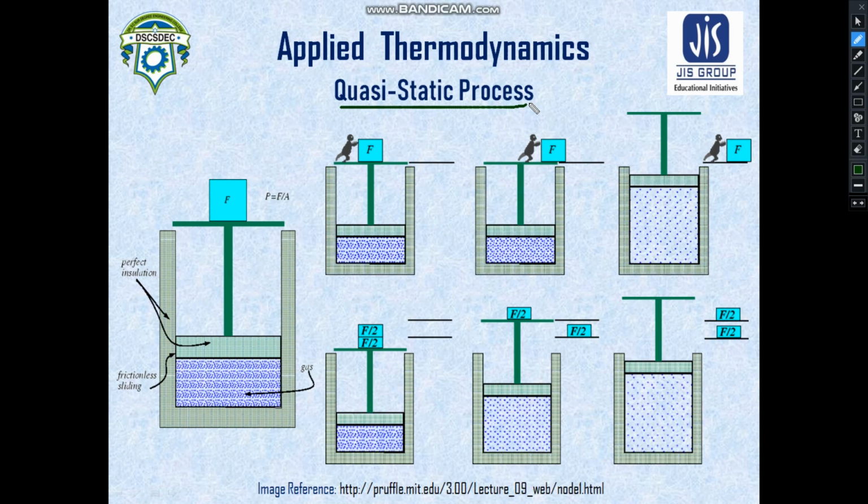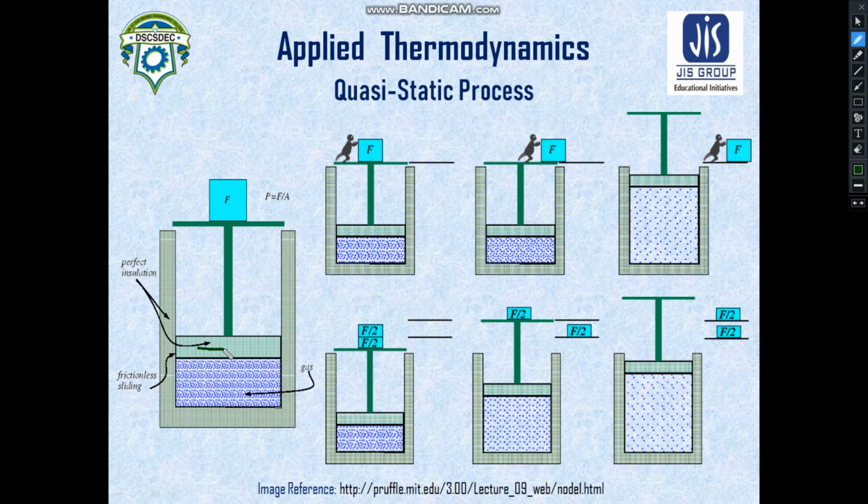Now, what do you mean by the word quasi? This word quasi means almost. So we are referring to a process which is almost static. Now I'll show you how this is possible. Now see, from the diagram here, let us understand some facts.